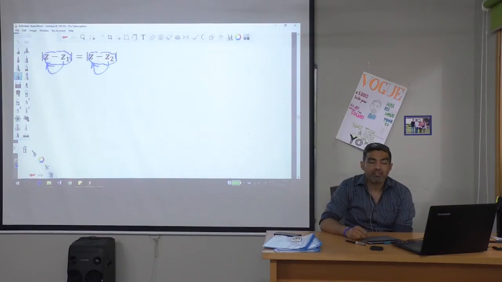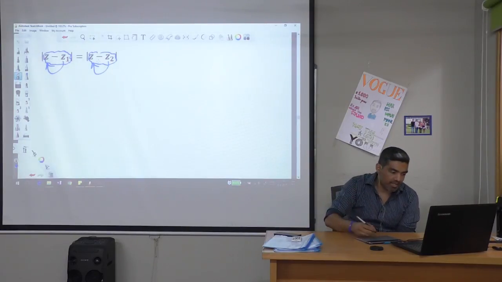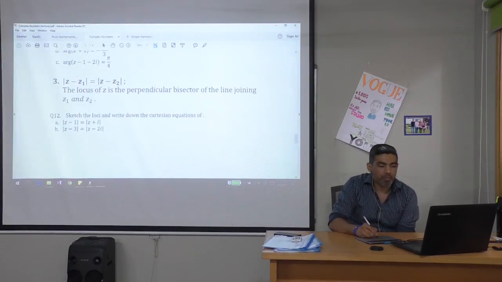It has to be on the perpendicular bisector of the line joining Z1 and Z2. And this you have done in O-levels. The locus of the point which is always equidistant from two fixed points is the perpendicular bisector of the line joining the two fixed points. And same is over here. The locus of Z is the perpendicular bisector of the line joining Z1 and Z2.